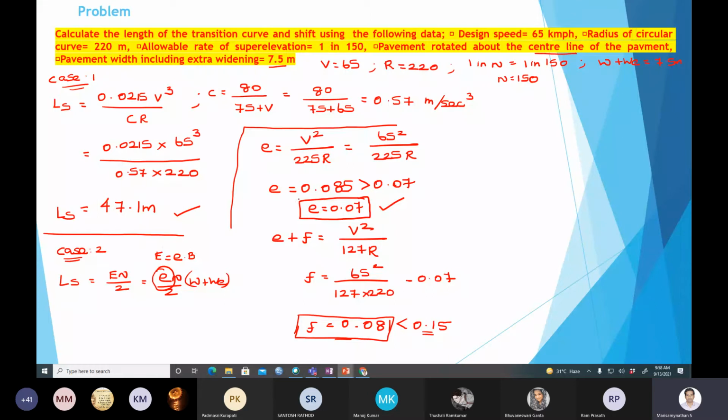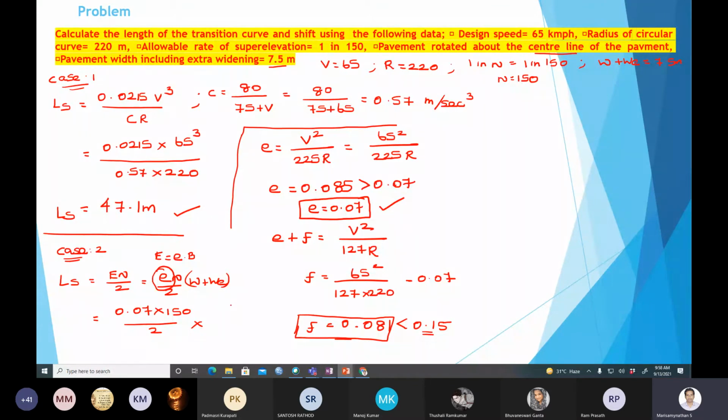So once you have estimated the value of small e, you can substitute all the values here. So e is 0.07, N is 150 divided by 2. W plus WE is the total roadway width, including the extra widening.